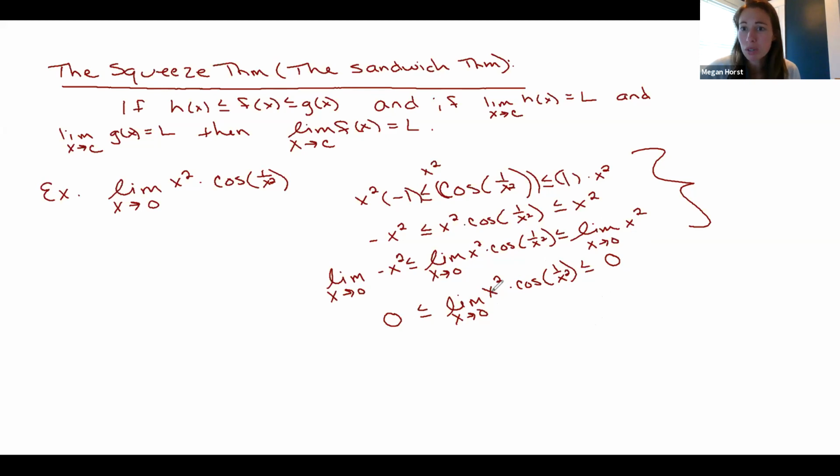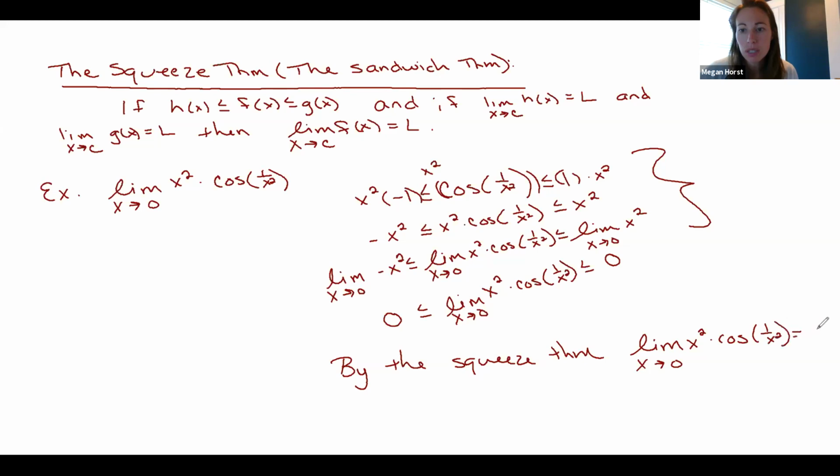If it's somewhere between 0 and 0, then it's 0. So we can say by the squeeze theorem, the limit as x goes to 0 of x squared times cosine of 1 over x squared must equal 0. And we're good.